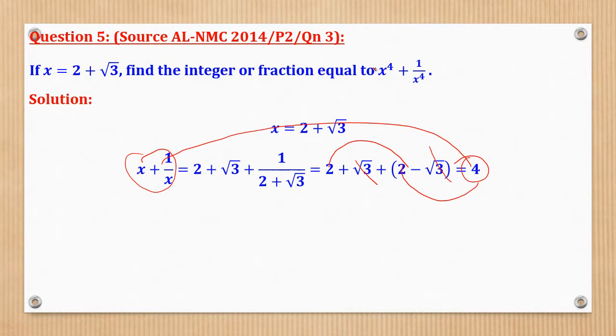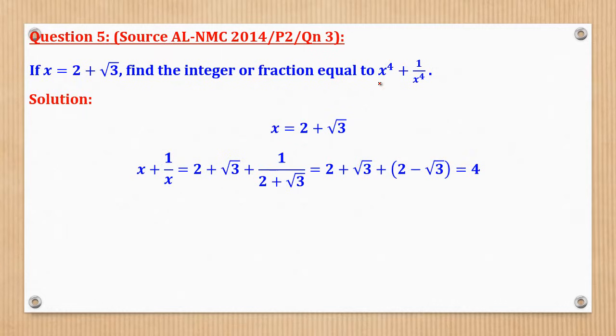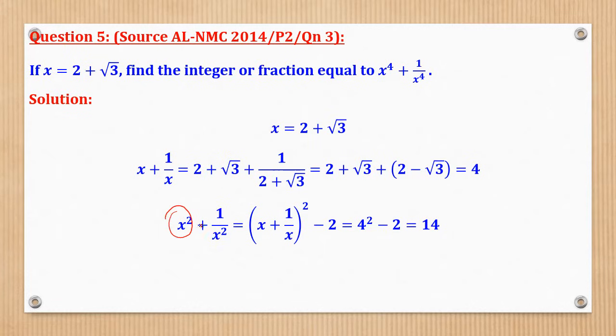But remember, they want x power 4 plus 1 over x power 4. So now when we go to squared, x squared plus 1 over x squared is the same as using the identity. It will be x plus 1 over x. Now we're using the identity which says that a squared plus b squared is equal to a plus b squared minus 2ab.